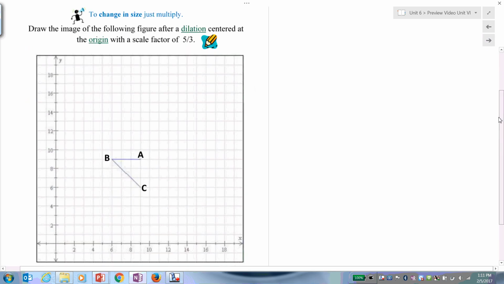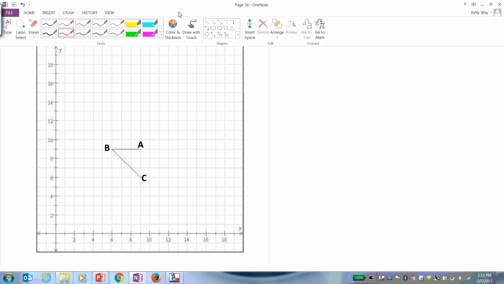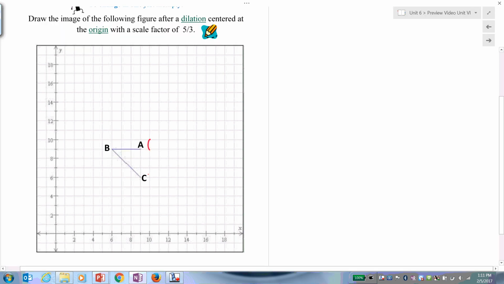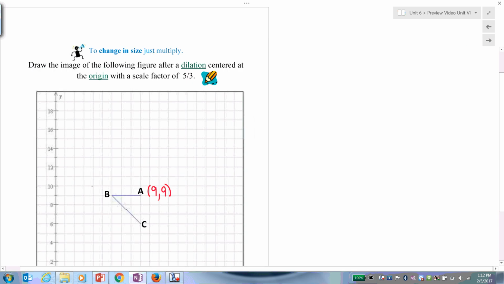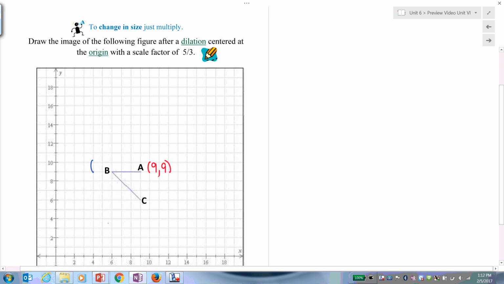Okay, we have our 3 points, A, B, and C. We're on the right-hand side here. Step 1, let's get our coordinates for A, B, and C. So A is sitting at 9 and 9. B is sitting at 6 and 9.